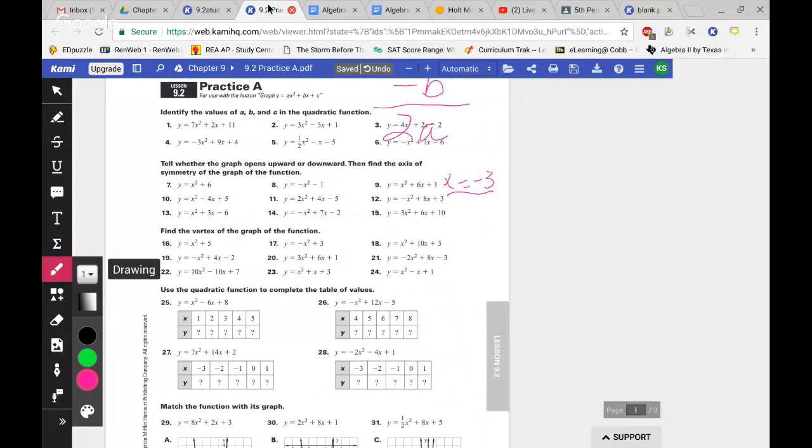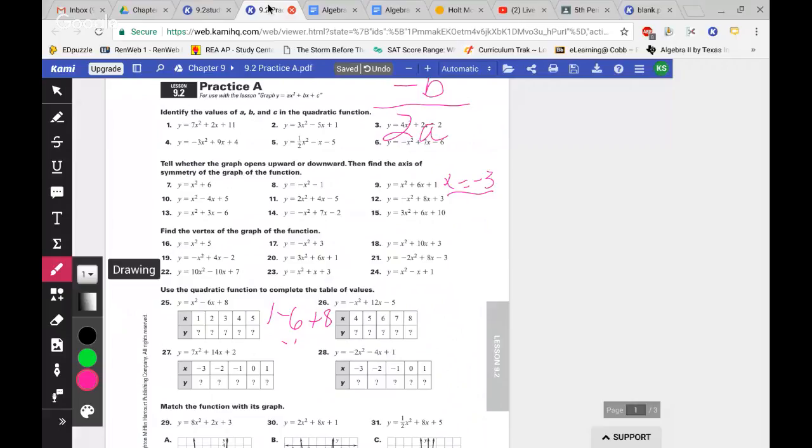Okay, so number 25. Use the quadratic function to complete the table of values. So on that one, you're just going to plug in. So like for this one, you would plug in 1. So you've got 1 squared, which is 1, minus 6 times 1, which is 6, plus 8.